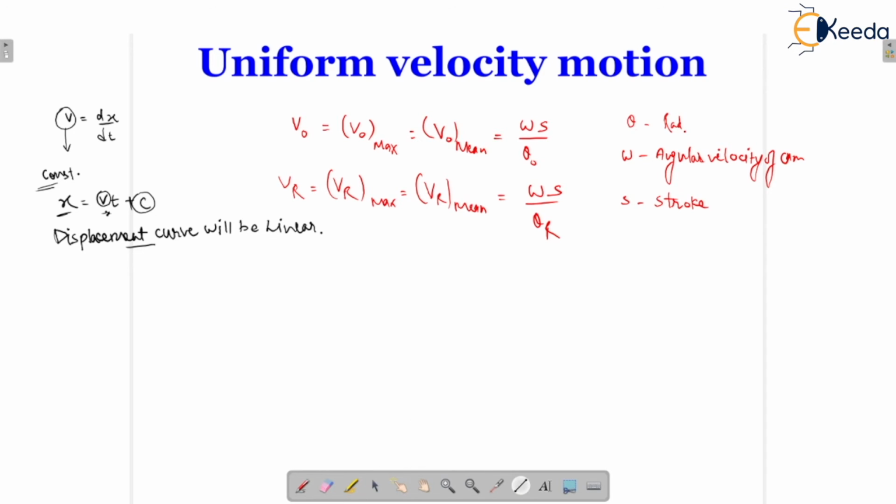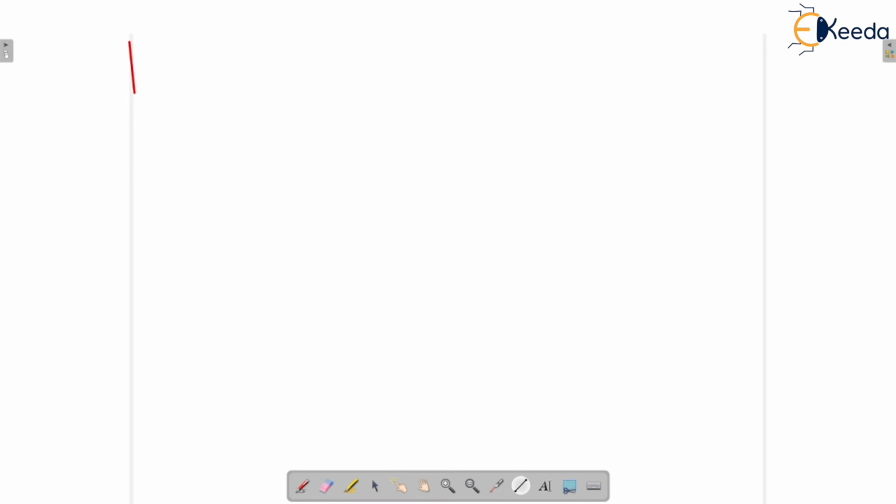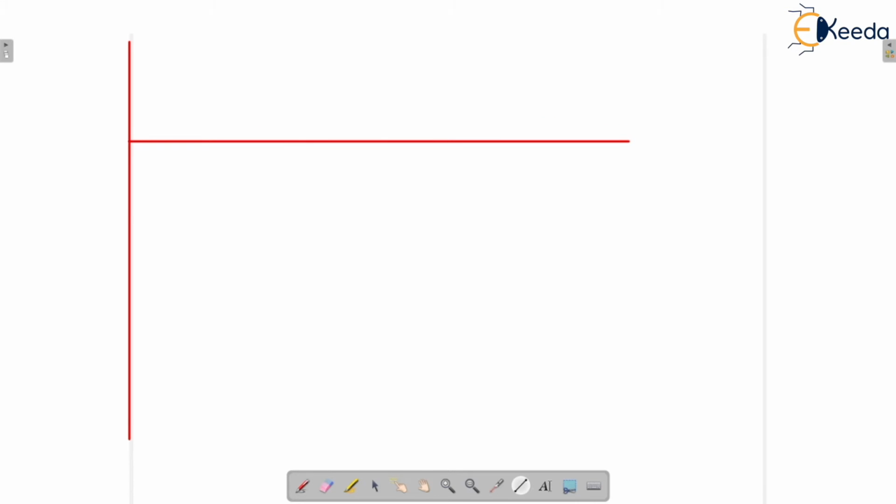This is the case we are considering, the case of uniform velocity motion. During the uniform velocity motion we have seen that the displacement curve is linear. It would be like that.